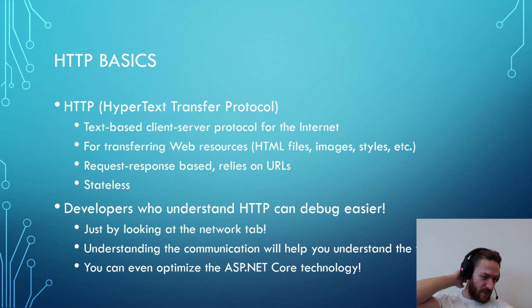So the whole HTTP protocol relies on requests, responses, and the so-called URLs. A URL is just the location of the external resource. You know what a URL is, so I'm not going to cover it in detail. Of course, it's important for a developer to understand different parts of the URL.